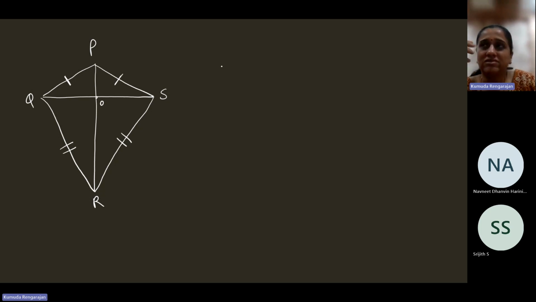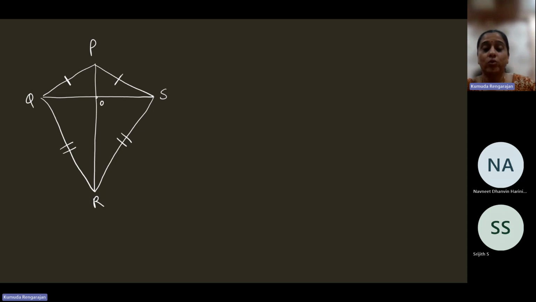Equal length sides meaning two pairs of sides have the same length.